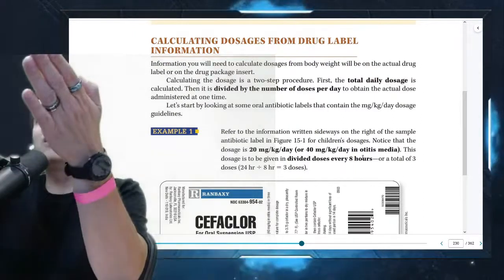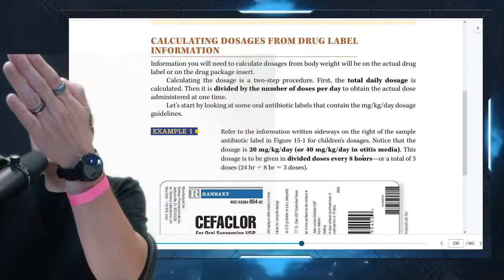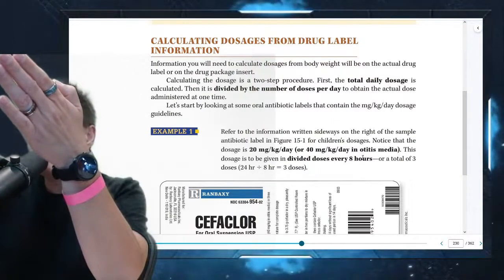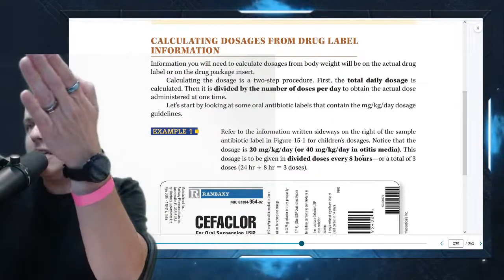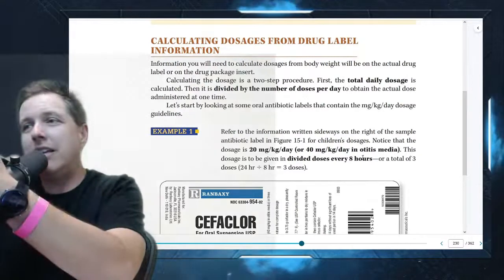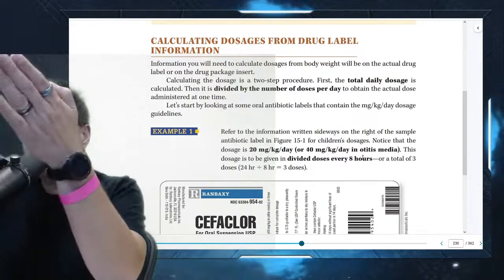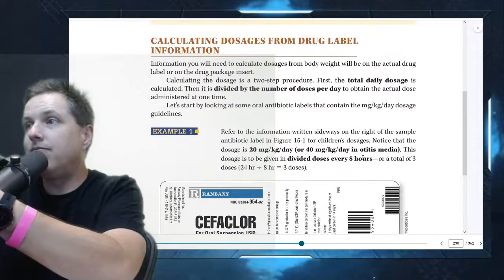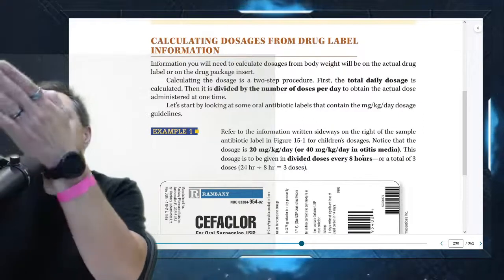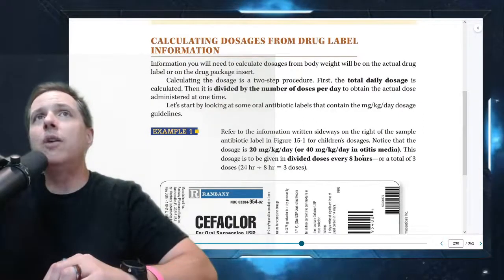I mean, if you're supposed to give someone 20 milligrams over the course of a day, then you don't want to accidentally give them 20 milligrams 3 times throughout the day, right? That could be disastrous, obviously.